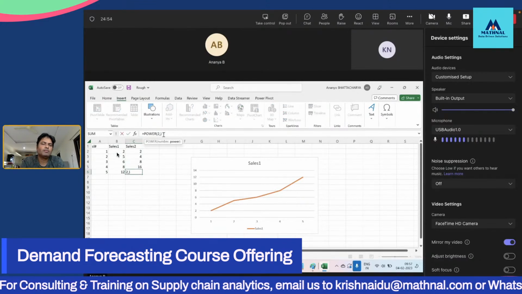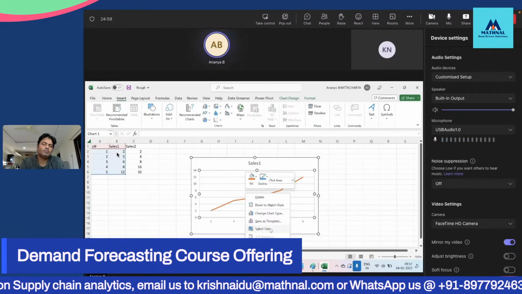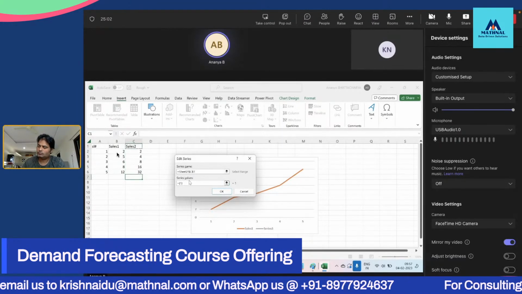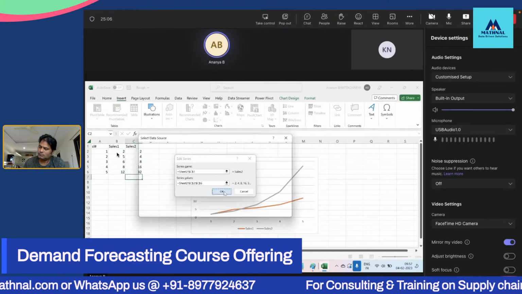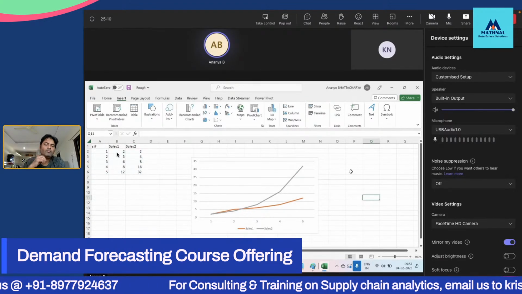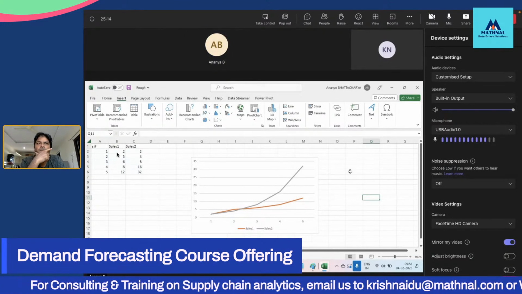And plot this curve inside the same sales chart. Right, so it is rising exponentially, and this is happening by the power of 2.